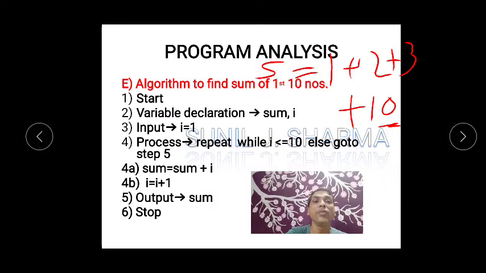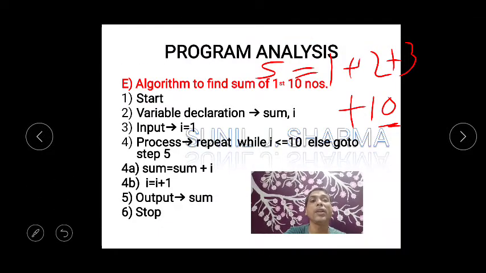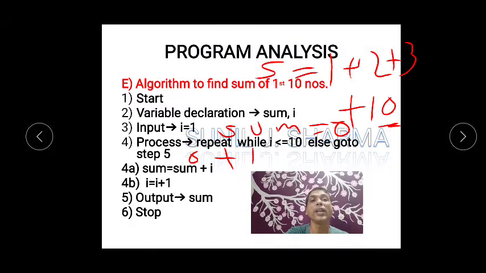Now what will happen here is sum is equal to sum plus I. So what is the value of I here? I think here one more problem is we have to fix the value of sum. In this case you can use one more input as sum is equal to 0. When 0 plus 1, that will be 1. Then can you see here we are having I is equal to I plus 1. The initial value of I is 1, 1 plus 1 is 2.